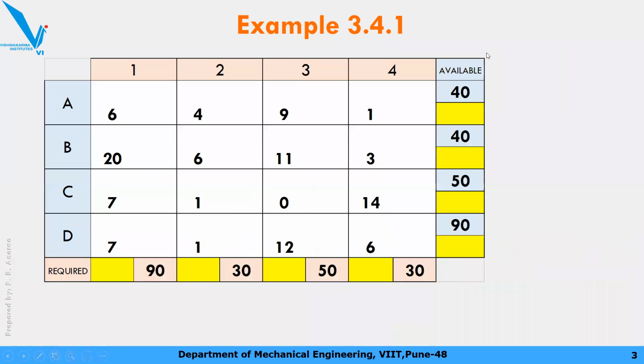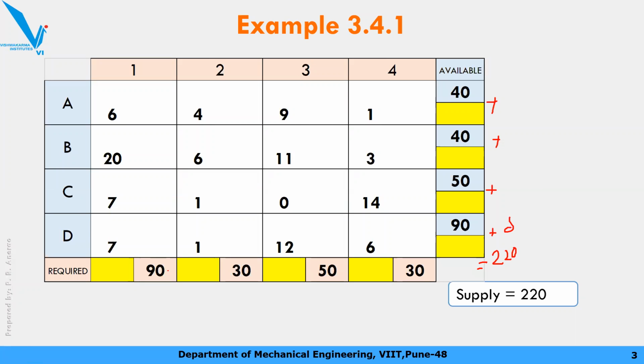If you sum up the supplies, see 40 plus 40, 80, 80 plus 50, 130, 130 plus 90, it becomes 220. So the supply is 220.